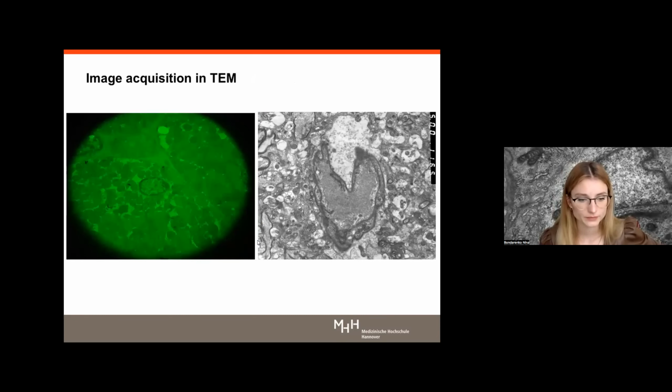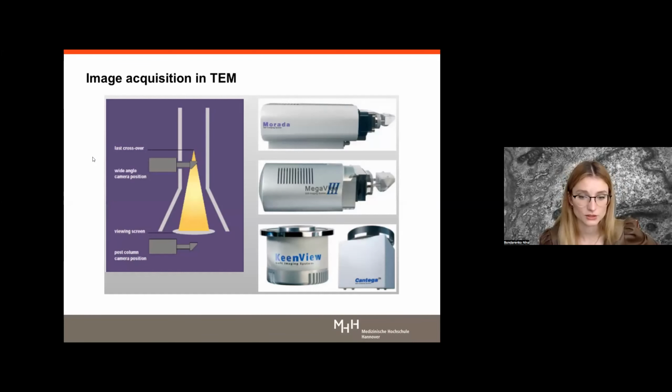So this is the fluorescent screen and image acquisition in TEM, and this is how it appears directly when we work with the microscope. And this is the result of recording with a CCD camera. So once again, black and white. So this green color of the fluorescence is a result of illumination of this screen by the electron beam.